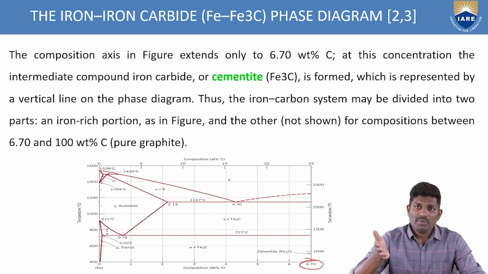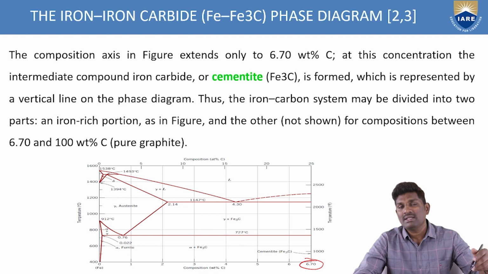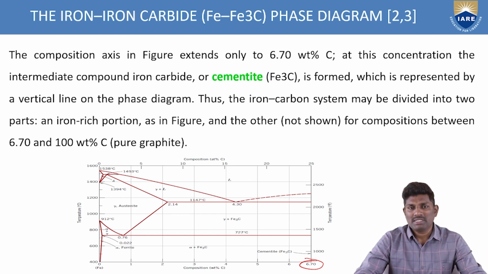So up to the conversion of iron into cementite, that's why it's called the iron carbide diagram. That's why we are concentrating up to 6.7 weight percentage of carbon only. Up to this point, the iron is converting into cementite.